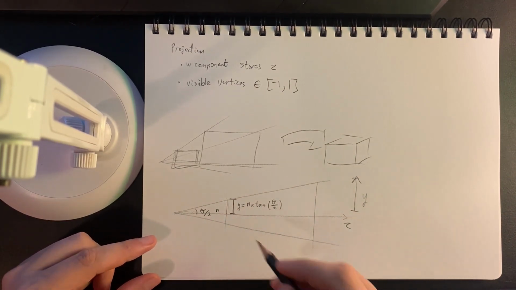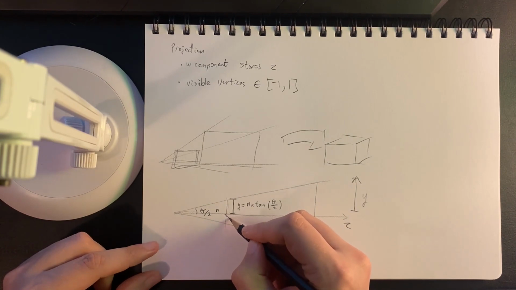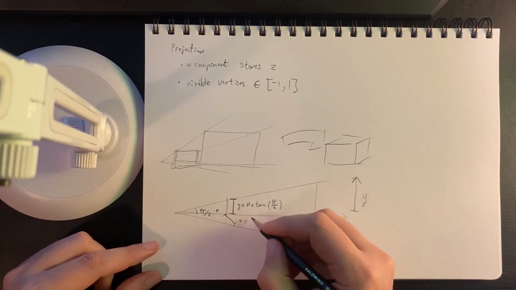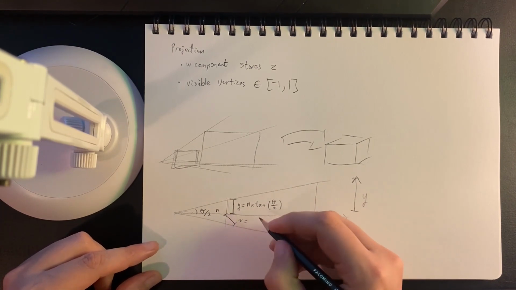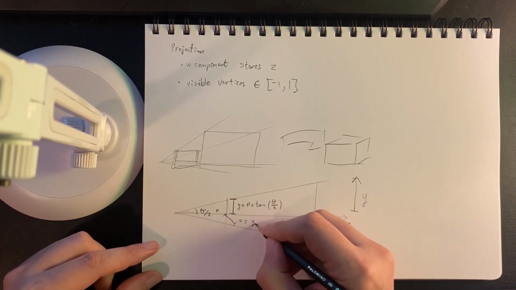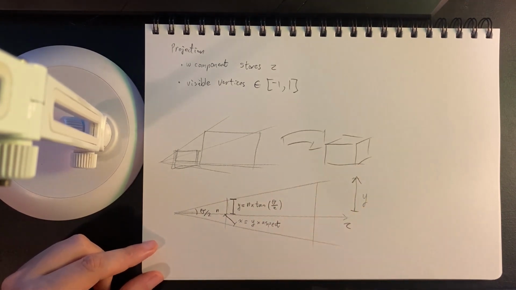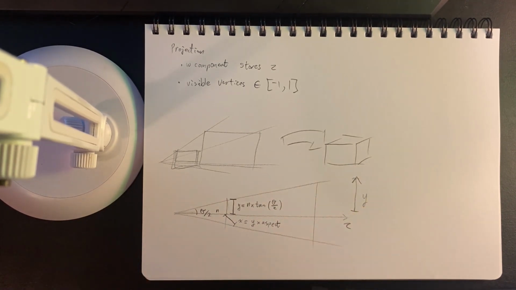Okay. But then the question is, what's the X range there? And it turns out the X range will be the maximum Y range times the aspect ratio. And that's super important because you'll also note that when we looked at demos previously, the aspect ratio wasn't really being taken into consideration.